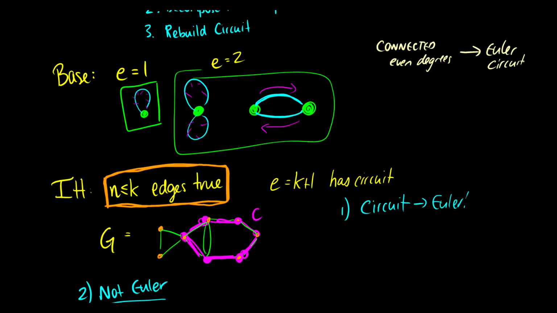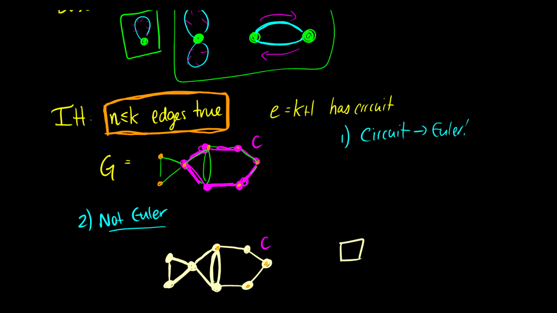So the base case is shown. For the induction, we said, okay, let's say all graphs with edges less than or equal to some number k have an Euler circuit. And then we're going to say, let's go one step further and show that that has a circuit. Let's add an edge. So we take any graph we want and we construct a circuit.